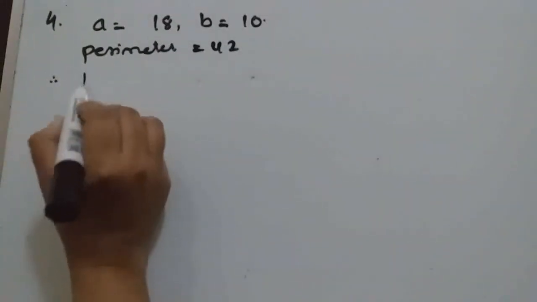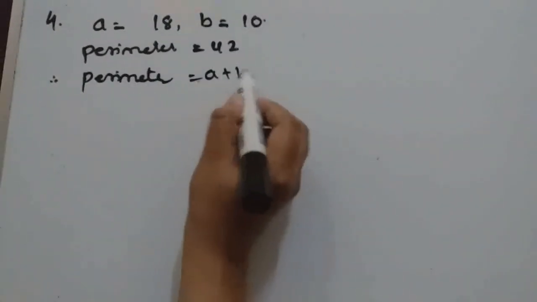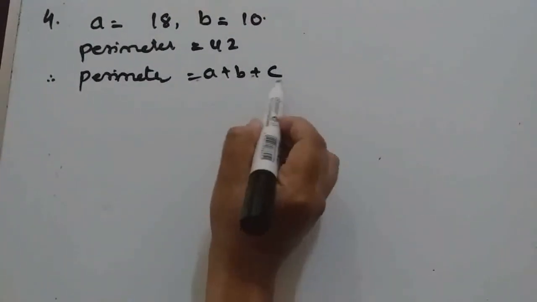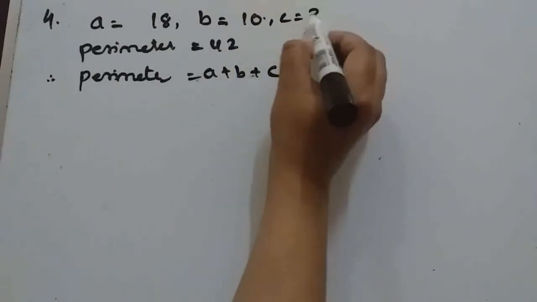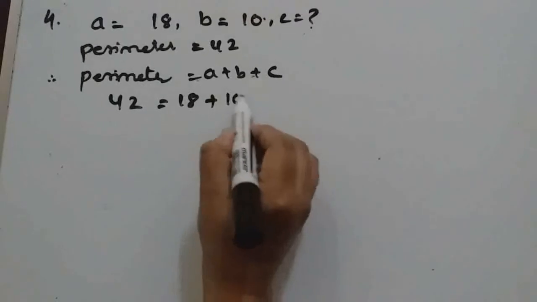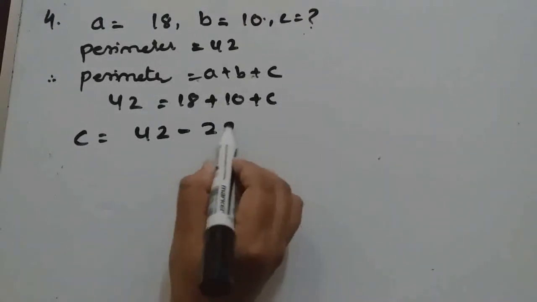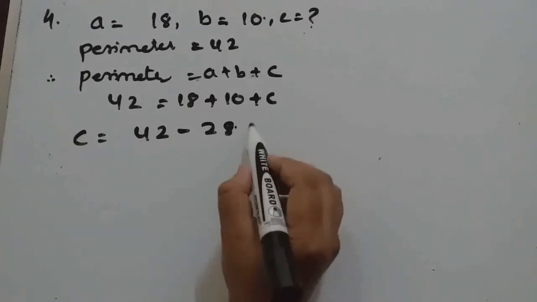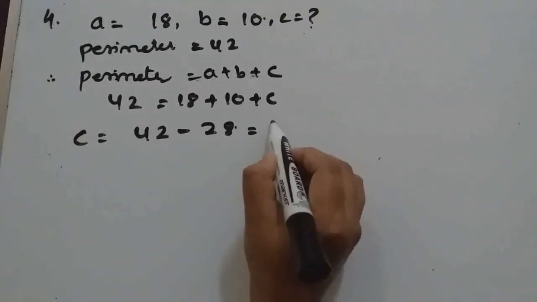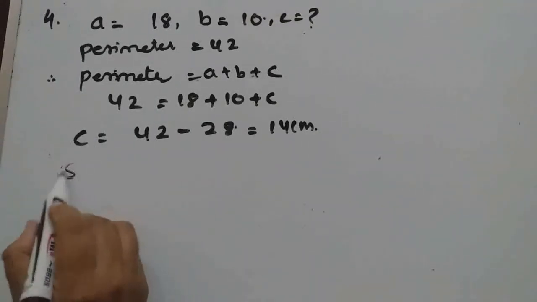So what we will write, the perimeter is A plus B plus C, and let the third side be C. Okay, C is not known here. So 42, A is 18, B is 10. So C we can find as 42 minus 28, isn't it? So that will be 14 centimeter.